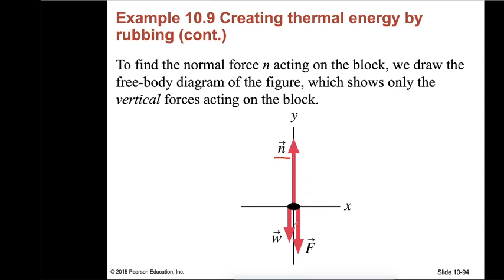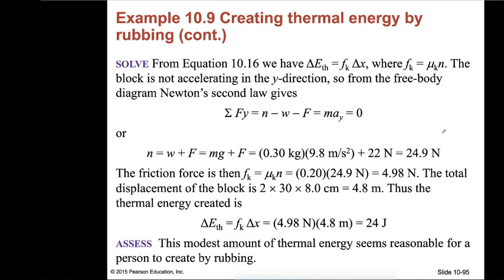So normal force equals W plus F, which is the weight plus the pressing force. Then the normal force can be calculated, and if you have normal force times mu, then you have the friction. Then you use friction times the distance, and you will get the work that has been done, or the work that has been converted into thermal energy.